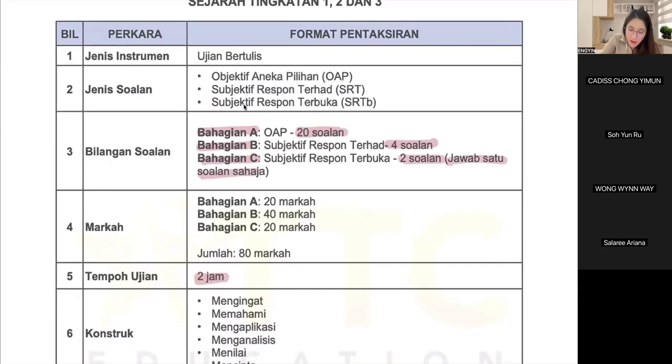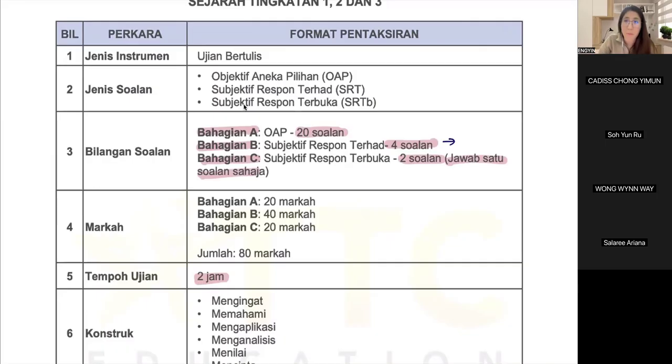Now, I want to highlight one thing to you all. For the structure question in Bahagian B, you guys know there are 4 questions, right? Inside the 4 questions, they will further break down into A, B, C parts, correct?